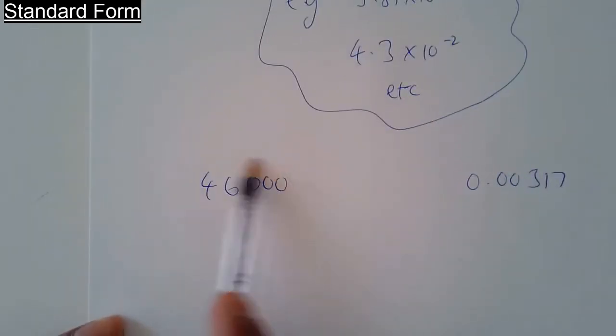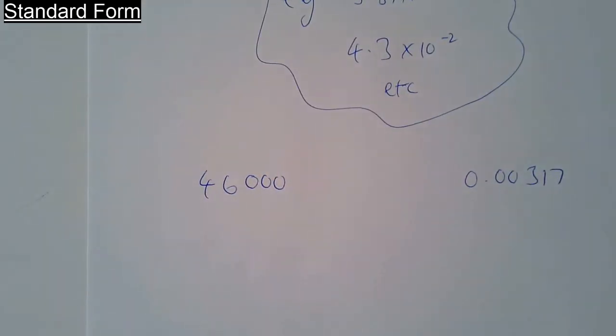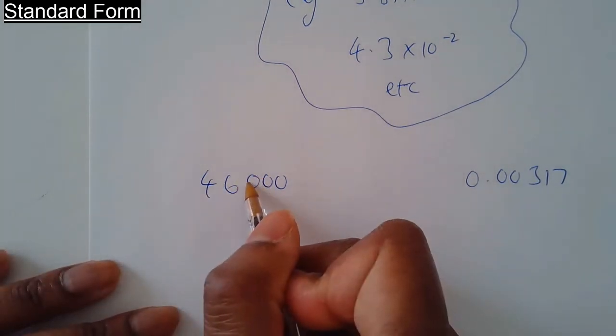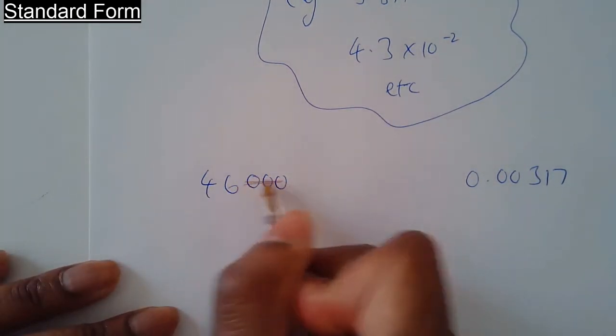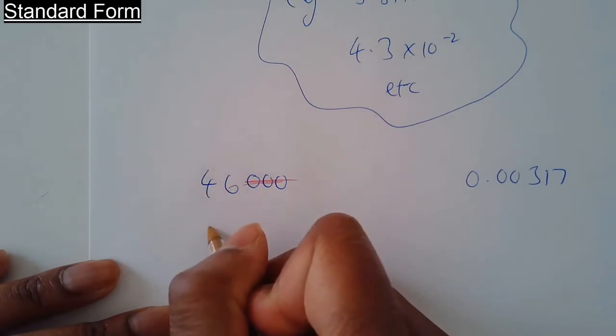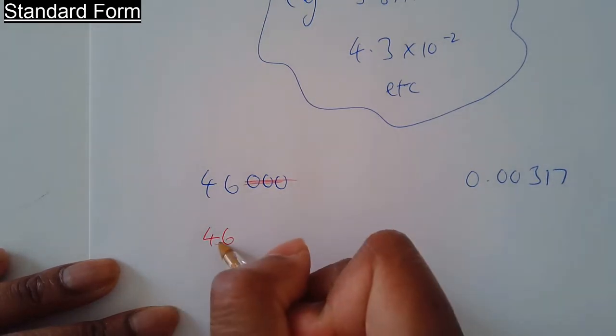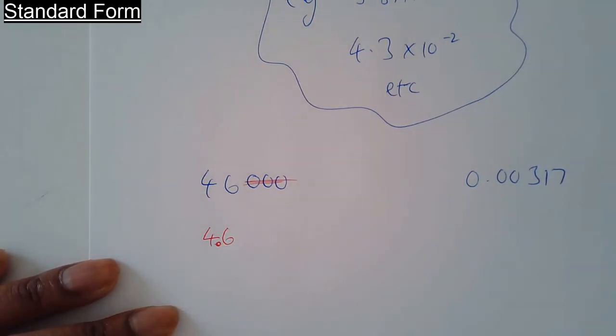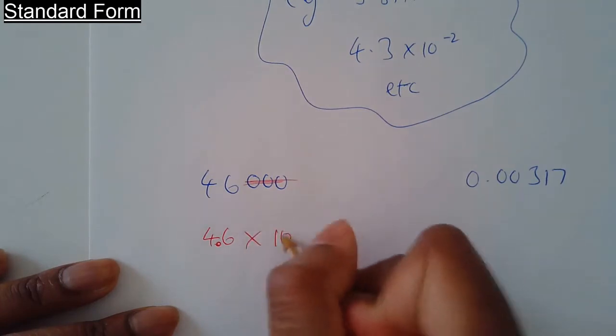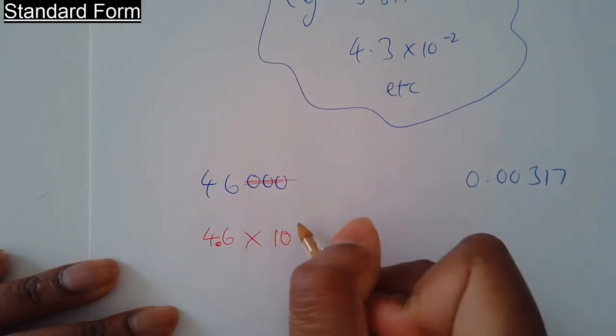So let's start with this one. Ignore the trailing zeros and then copy the 4 and 6. The first part of the standard form has to be between 1 and 10, so force it to become between 1 and 10. It needs to have a times symbol and a base 10, and it needs to have a power.